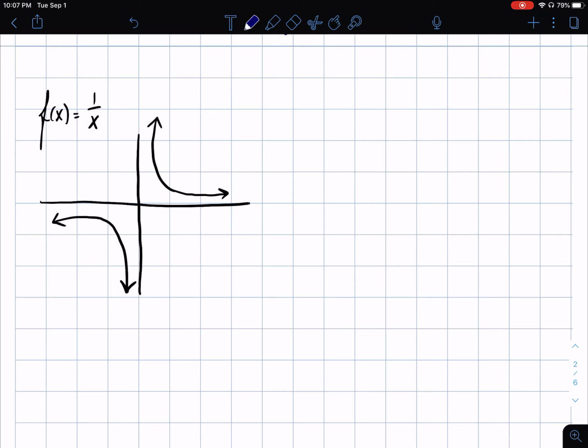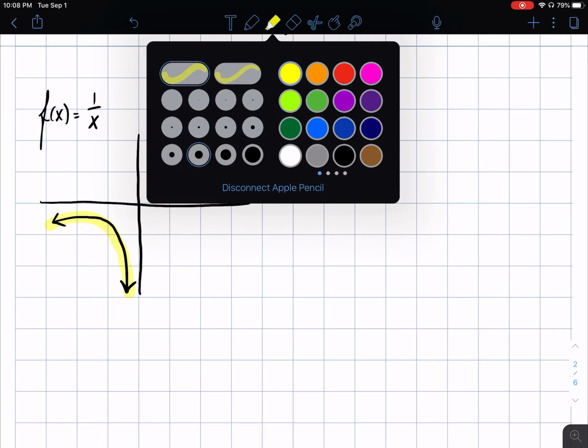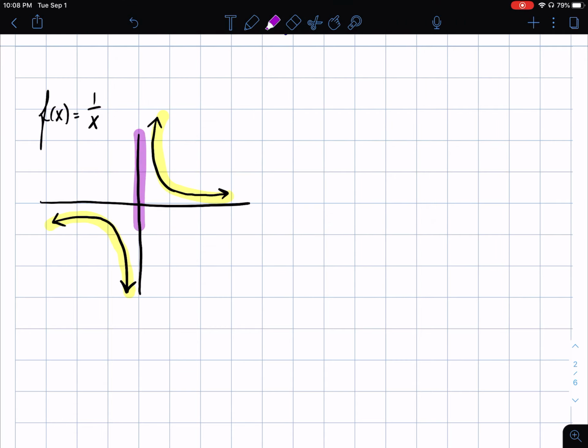Okay, so we're going to discuss the continuity on this one. So we have the function f of x equals 1 over x, and this is the picture. And so we want to discuss where it's continuous. And so if we think about this, I'm continuous here, but I have this asymptote here where I'm not continuous.